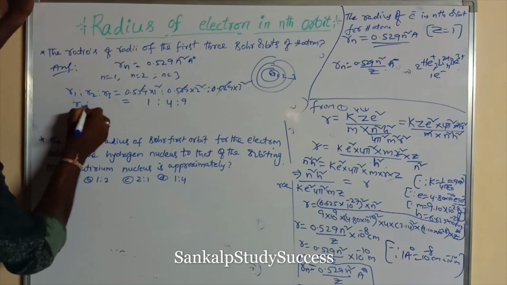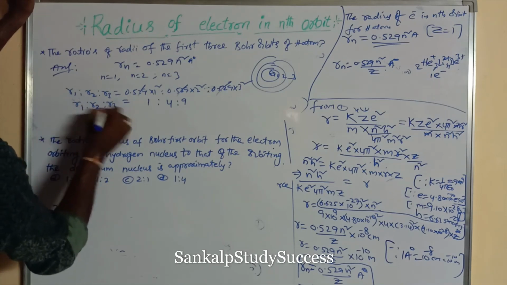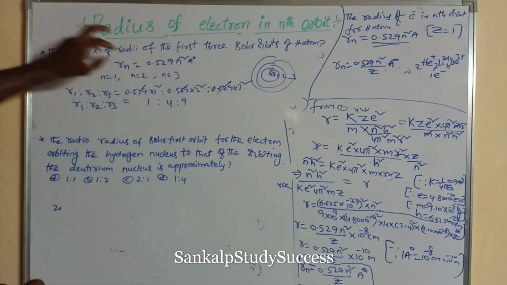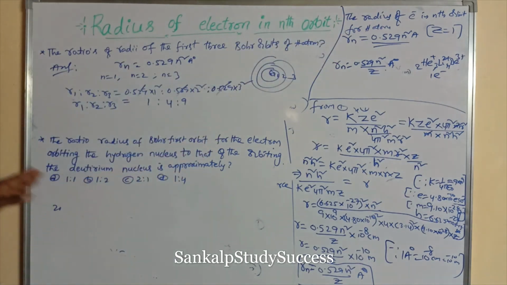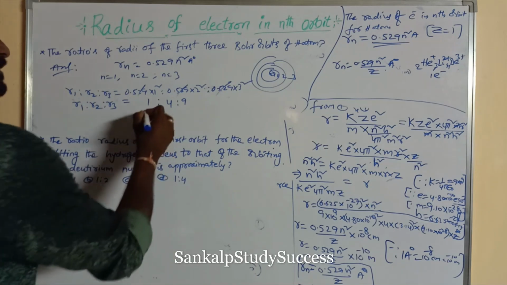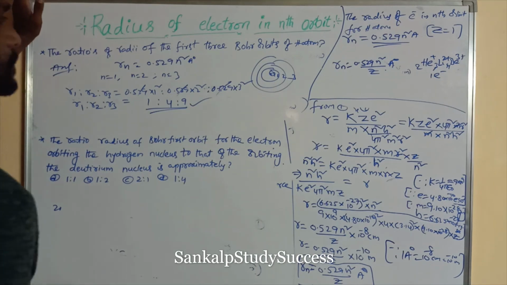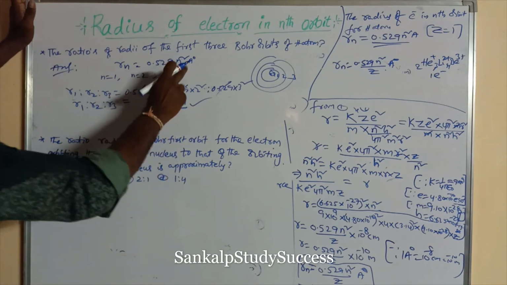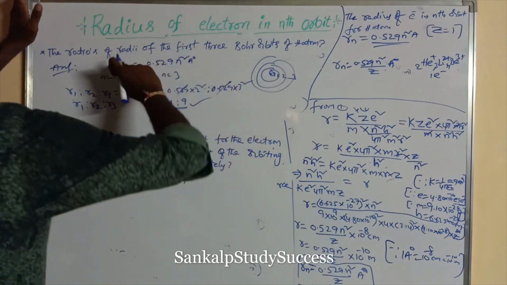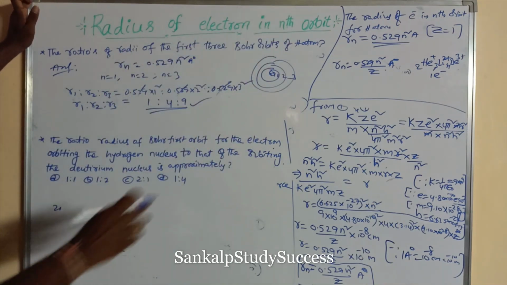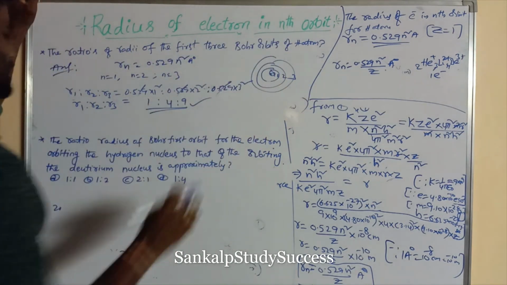So this is the ratio between the radius of the first three Bohr orbits: R1 is to R2 is to R3 is equal to 1 is to 4 is to 9. This is the answer. So this means if the n value increases, its radius increases.